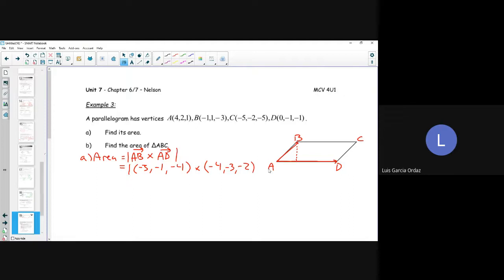Remember, to get AB, it's head minus the tail. So -1 minus 4, 1 minus 2, and -3 minus 1. And AD would be 0 minus 4, -1 minus 2, -1 minus 1, which is from what we got before.